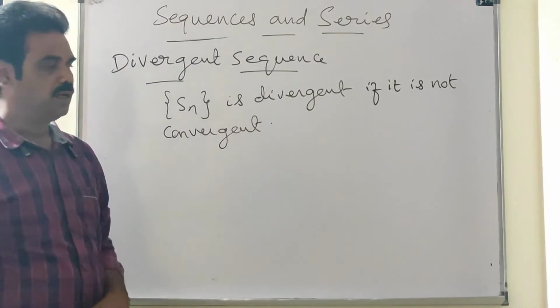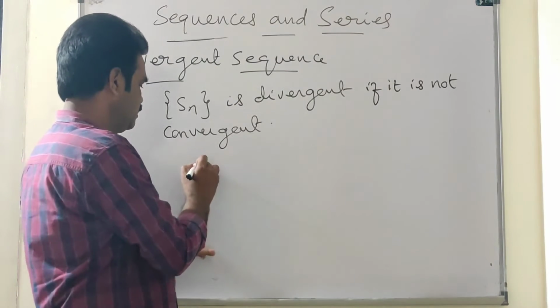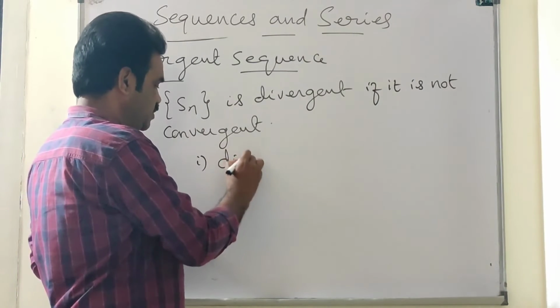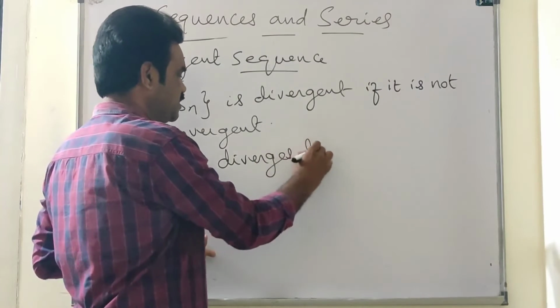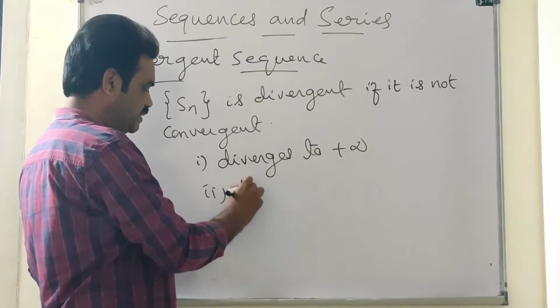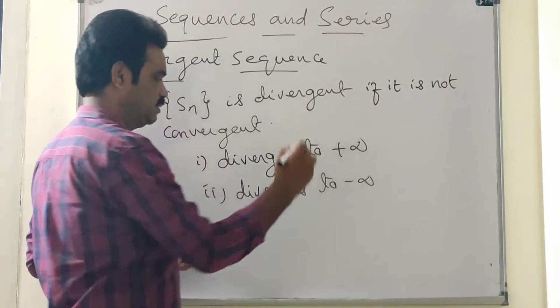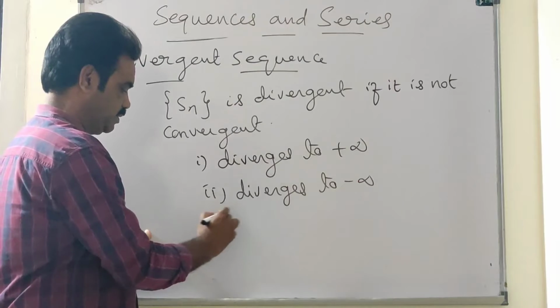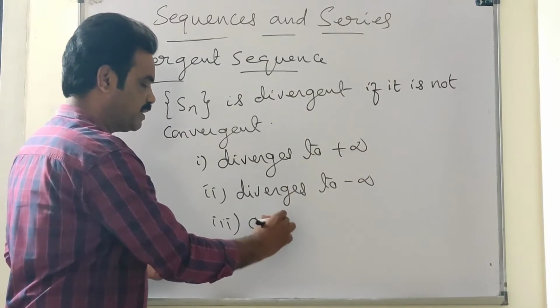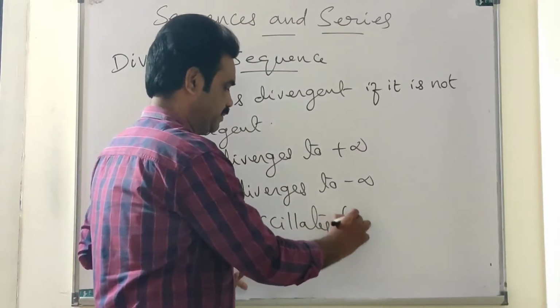Okay. And divergent sequences are classified as diverges to plus infinity, diverges to minus infinity, and oscillates finitely.